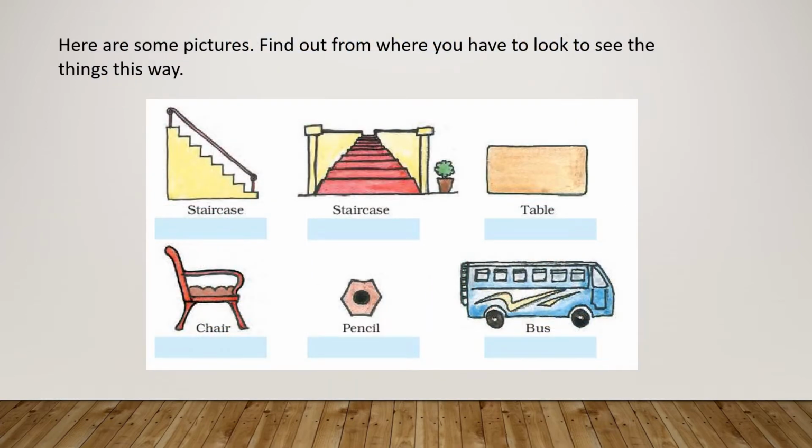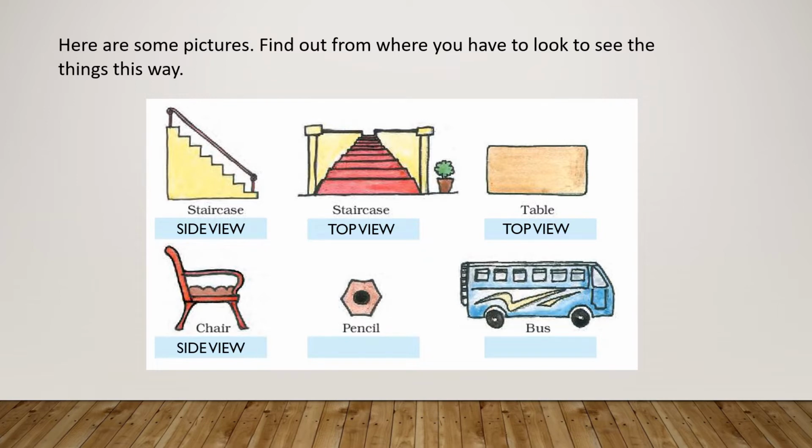Now you tell me what our view will be while looking at these objects. Let us discuss the answers and see if you were right about them. The first picture is from the side view. The second one is from the top view. The third is from the top view.